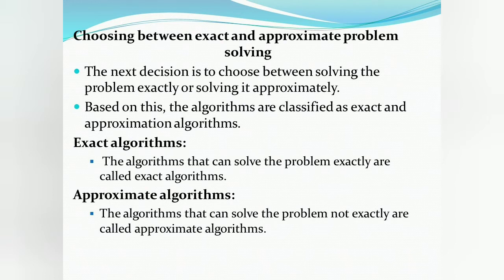The solution is stated in two forms. One is the exact solution, another one is the approximate solution. The algorithms that can solve the problem exactly are called exact algorithms. The algorithms that can solve the problem not exactly are called approximate algorithms.